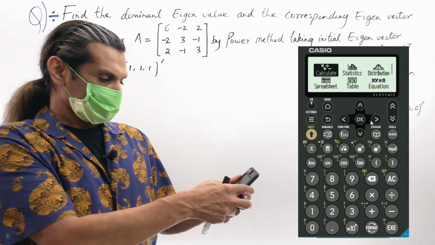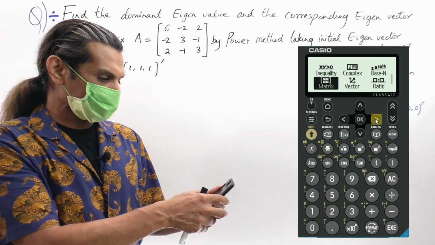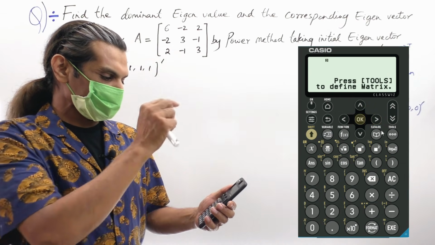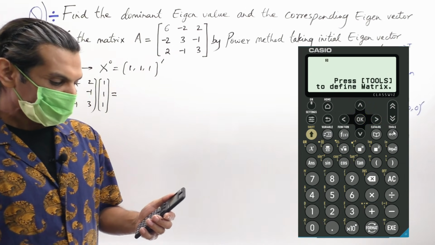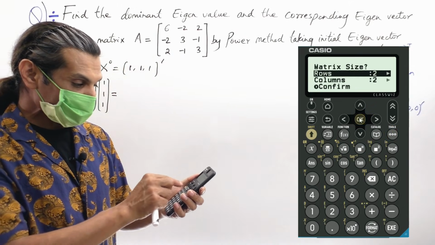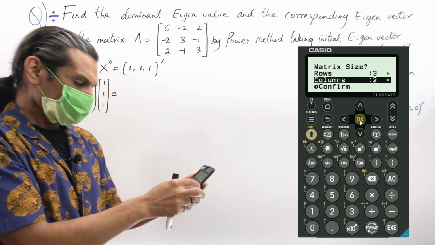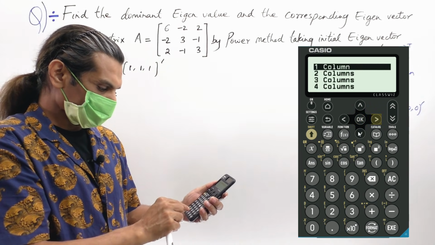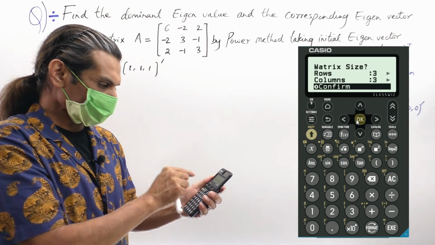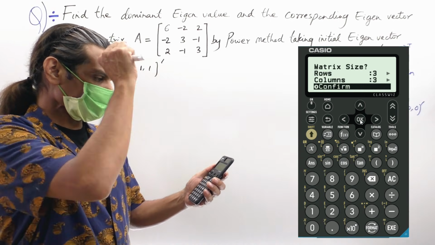So which mode? Go to table equation, then we have matrix. Yeah, matrix. Then they ask you to press tools here. Press tools. Okay, Mat A. How many rows? 3 rows, and how many columns? 3 columns.